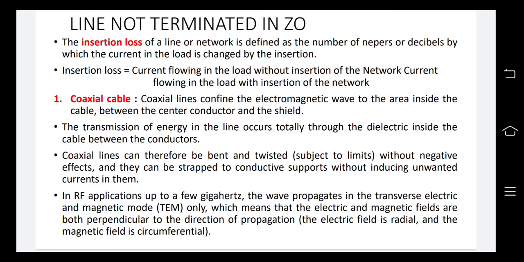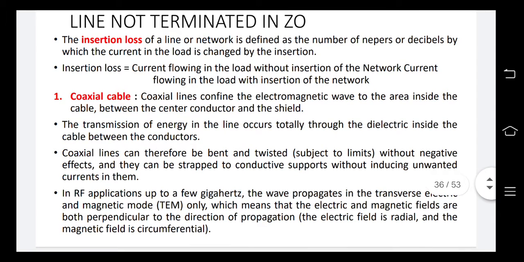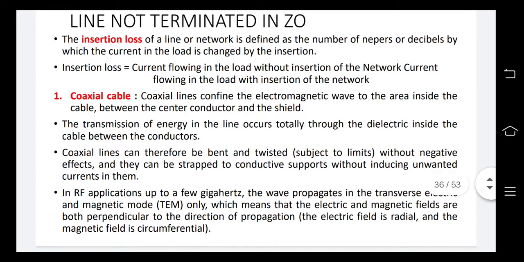In RF applications up to a few gigahertz, the wave propagates in the transverse electric and magnetic mode. That is, both transverse electric and magnetic means electric and magnetic fields will be perpendicular to the direction of the propagation, and the electric field will always be radial and the magnetic field is circumferential.